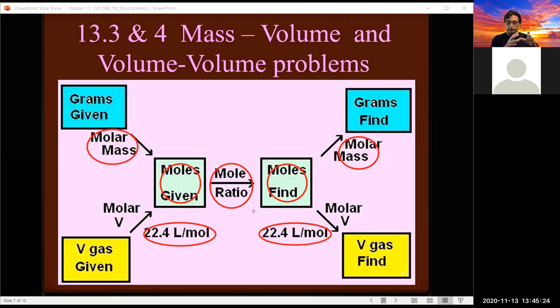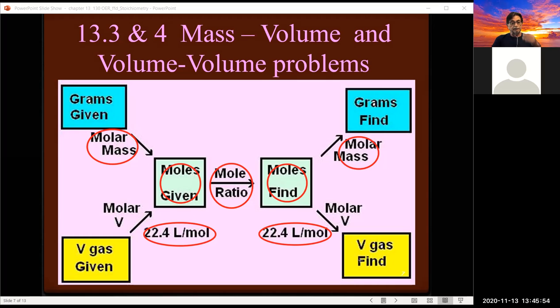So you have to be able to balance that chemical equation to get the right mole ratio. And so we can go from the top left corner to the bottom right corner only if we are at STP, only if we have the correct mole ratio, and only if we know the molar mass.